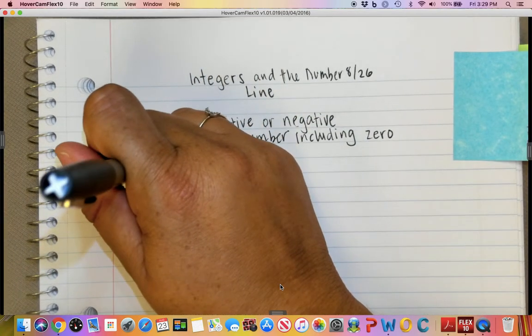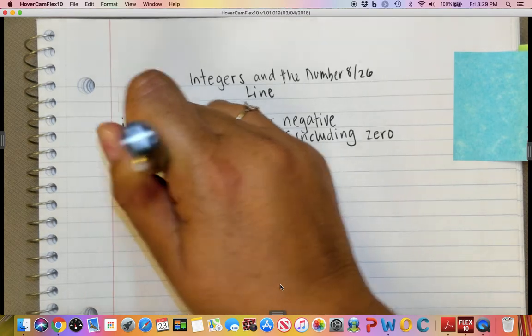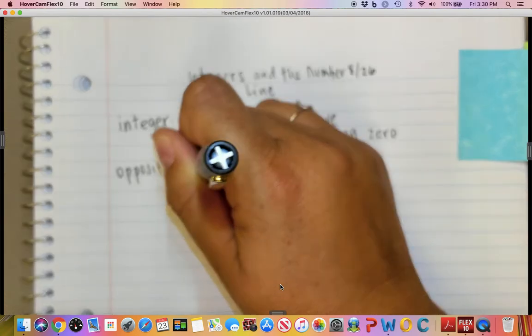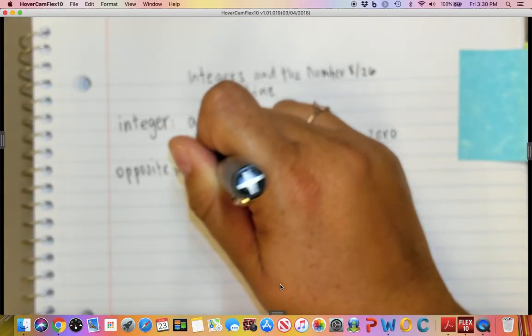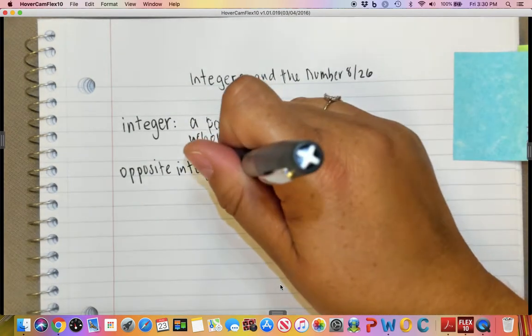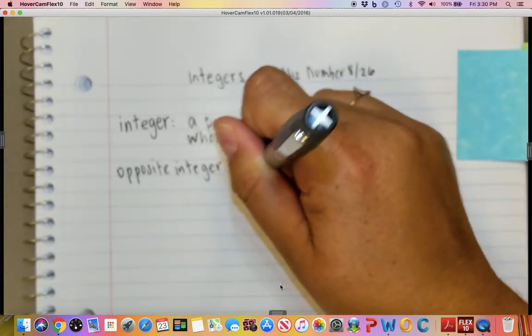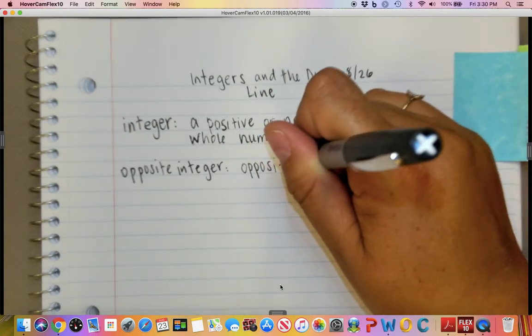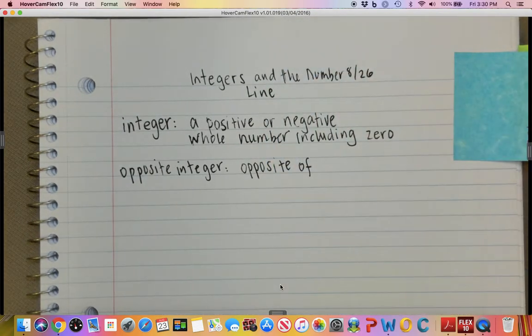Opposite integer is exactly what it sounds like. It is the opposite of the opposite of a positive is a negative, and the opposite of a negative is a positive.